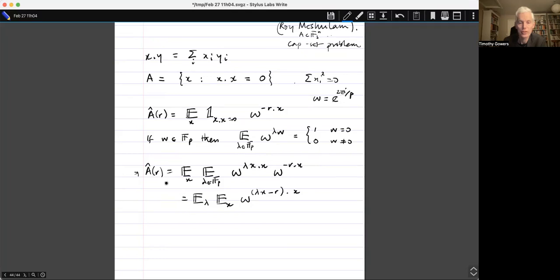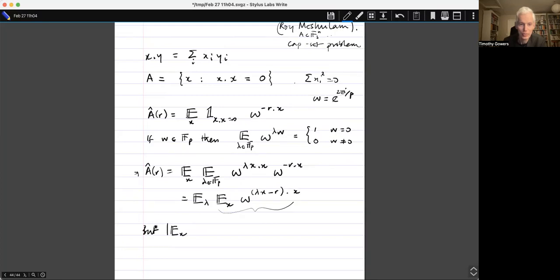Now, in order to get an idea of the size of this, I'm going to look at the size of this thing here, and in order to do that, I'm going to look at its modulus squared. This is another standard trick.